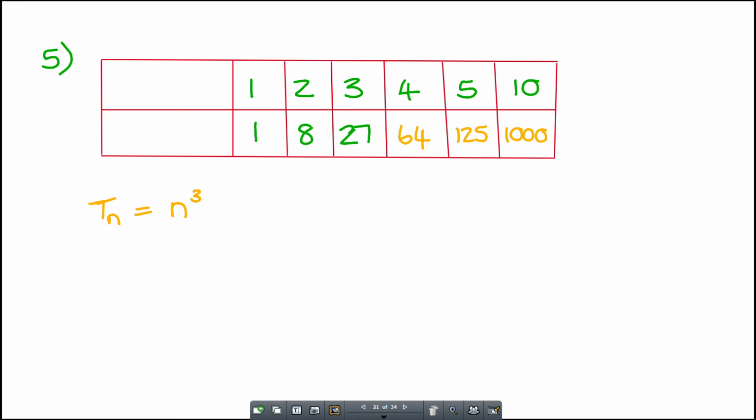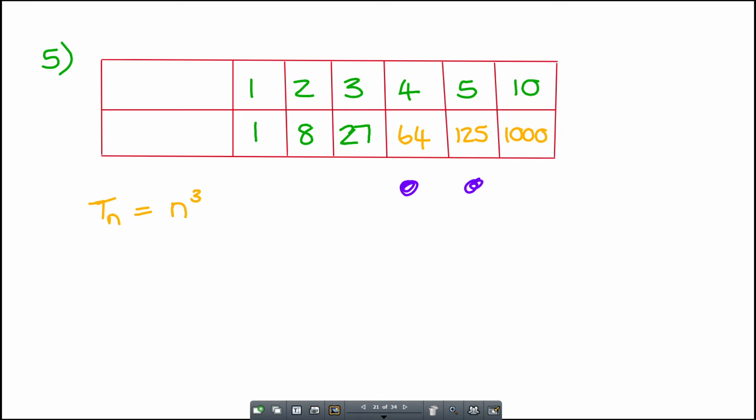So that gave me a clue, 1 to the power of 3. And 2 to the power of 3 gave me 8. 3 to the power of 3 gave me 27. So that's how I knew that the term number to the power of 3 would give me what it should be. So 4 to the power of 3 gave me the 64. 5 to the power of 3, the 125.